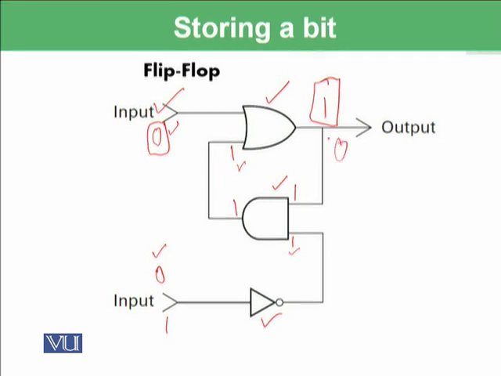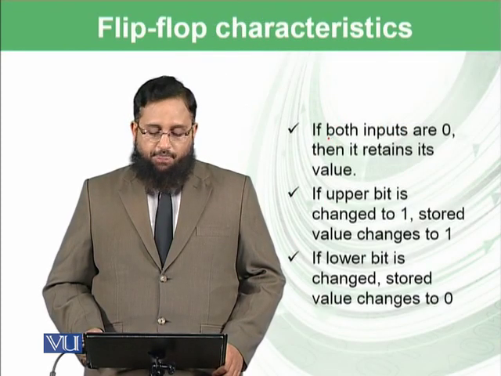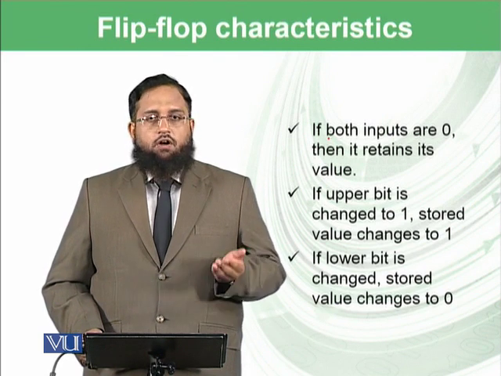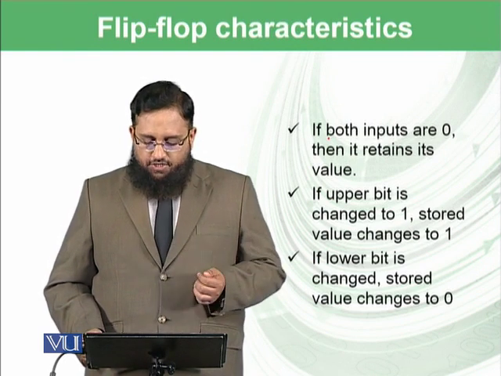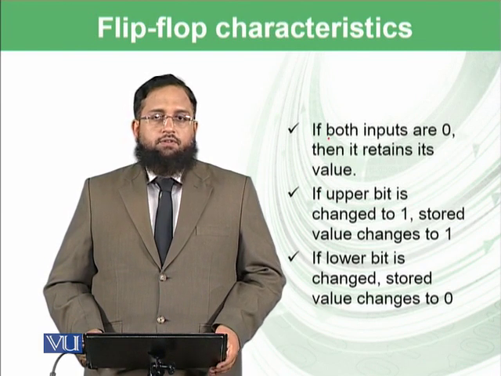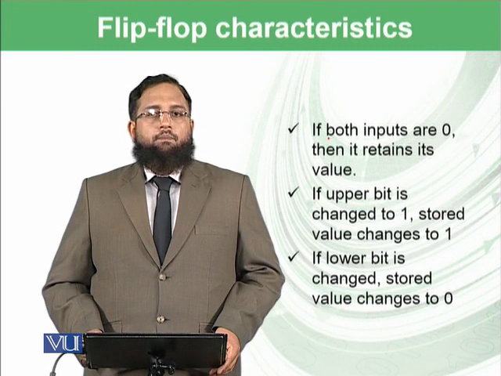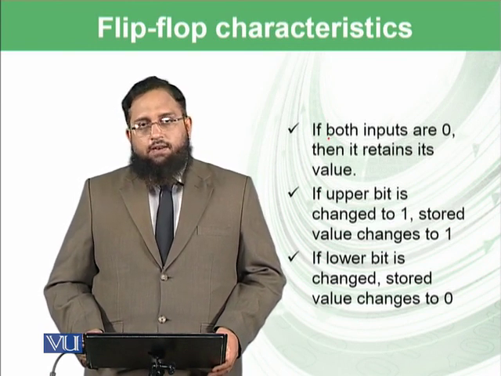You can try it. So we conclude that in this flip-flop, if both inputs are 0, then it retains its value. If the upper input is changed to 1, it starts saving the output as 1, and if the lower input is changed to 1, then it starts saving the output of 0. This is how in each bit the value of 0 or 1 is stored.